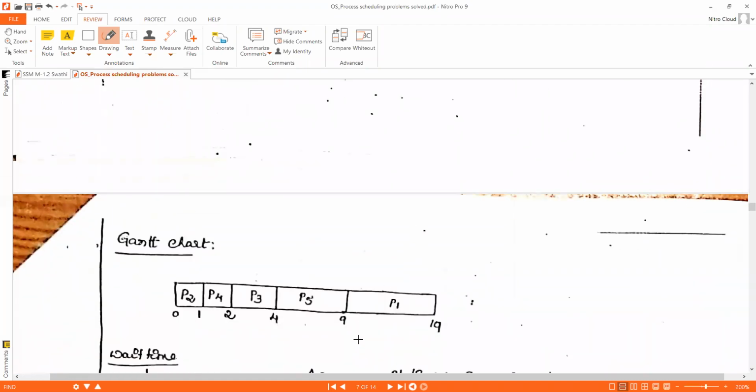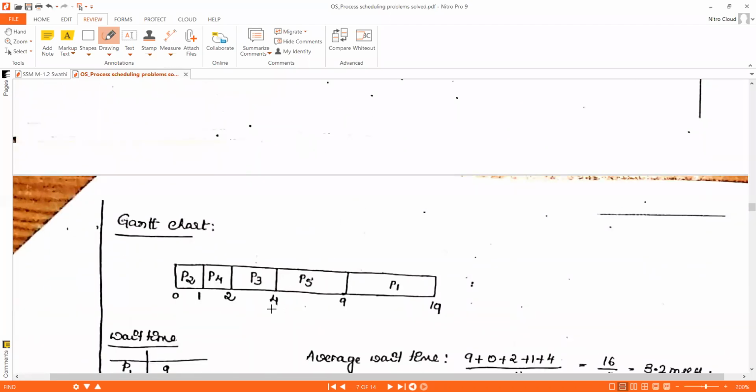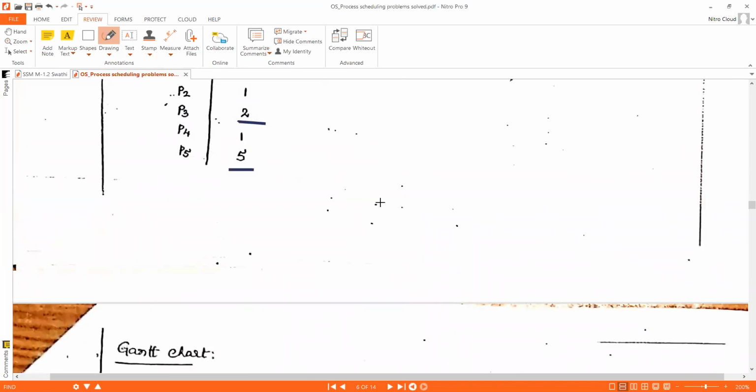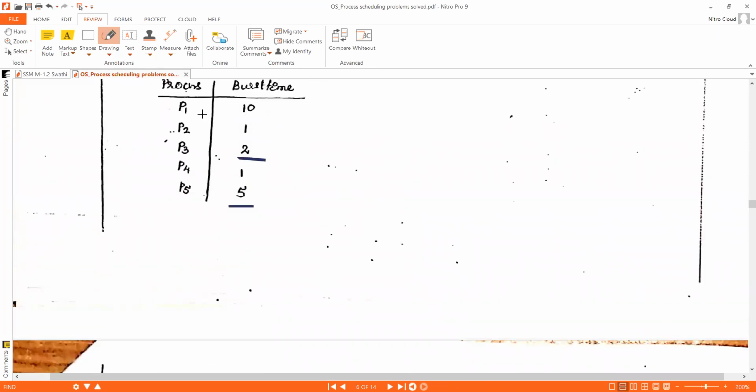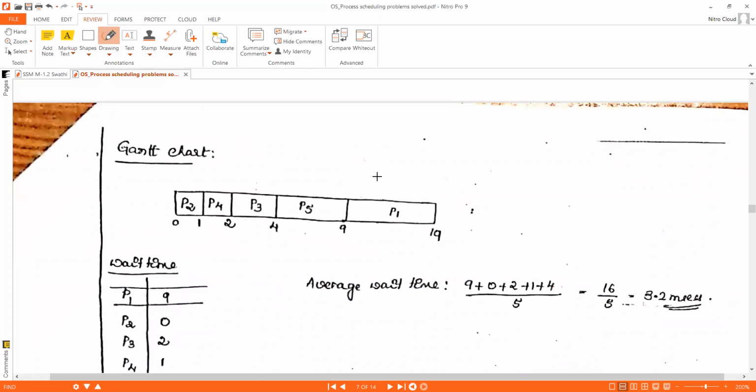Its burst time is 5 milliseconds. The CPU will start executing process 5 at 4 milliseconds. 4 plus 5, it is 9 milliseconds, when the CPU will complete execution of process 5. Next we have only one process in the ready queue, that is process 1. Its burst time is 10 milliseconds. The CPU will be scheduled for process 1.